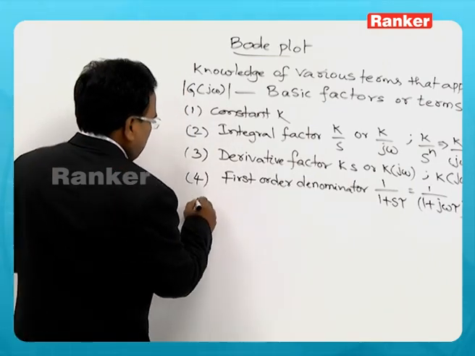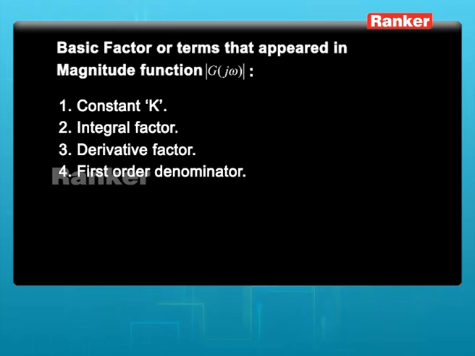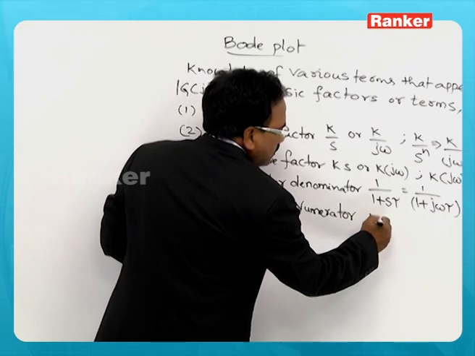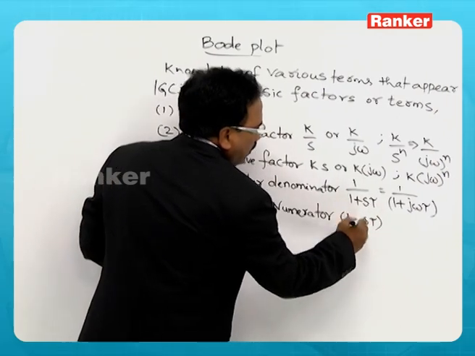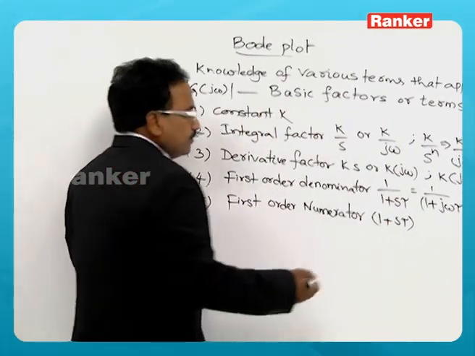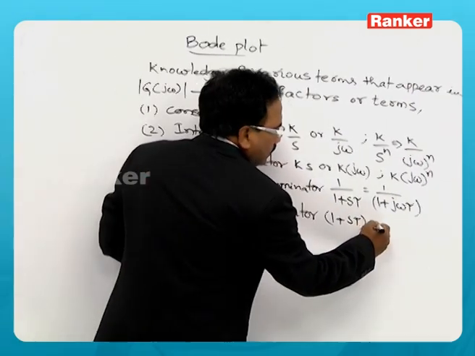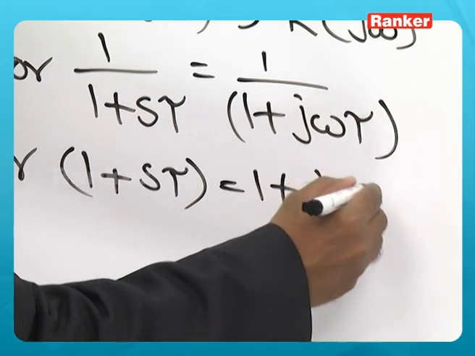Similarly, you may have a 0 at non-zero location or origin. So, it is called first order numerator term. It is simply 1 plus s into tau. It is a numerator term. So, 0 not at origin. So, it is nothing but 1 plus j omega tau.